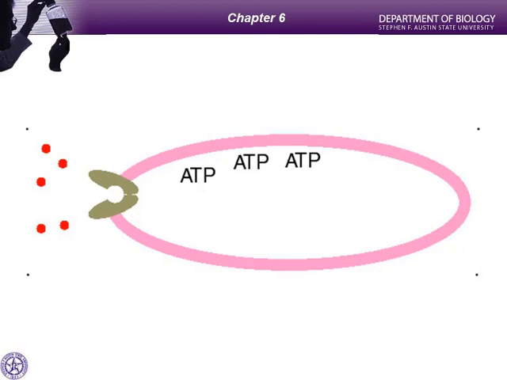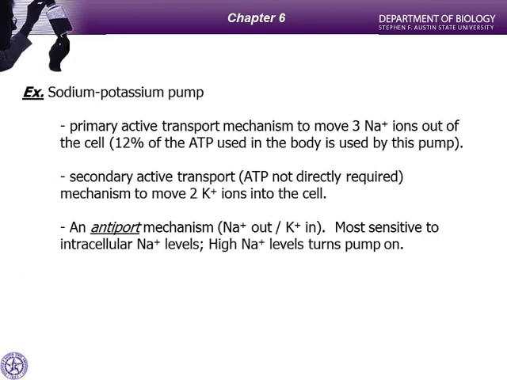Now, we're going to look at an example of active transport. Our example is going to be our sodium-potassium pump. We are going to use these everywhere in the body. We're especially going to use these in the kidneys to help us conserve water. We're going to use these in our neurons so that we can have more than one nerve impulse a day.